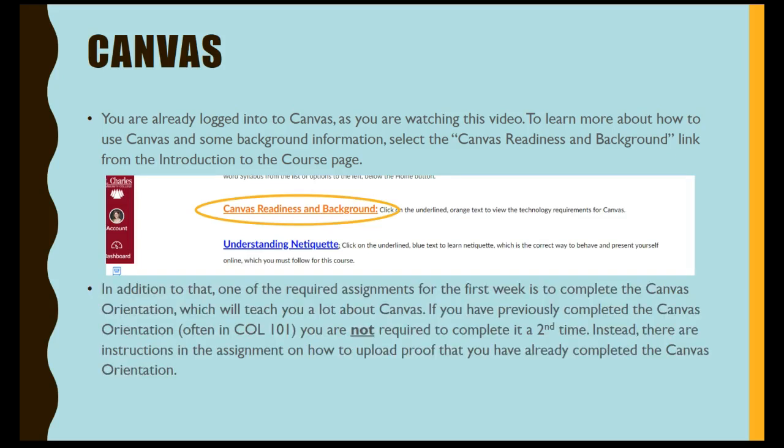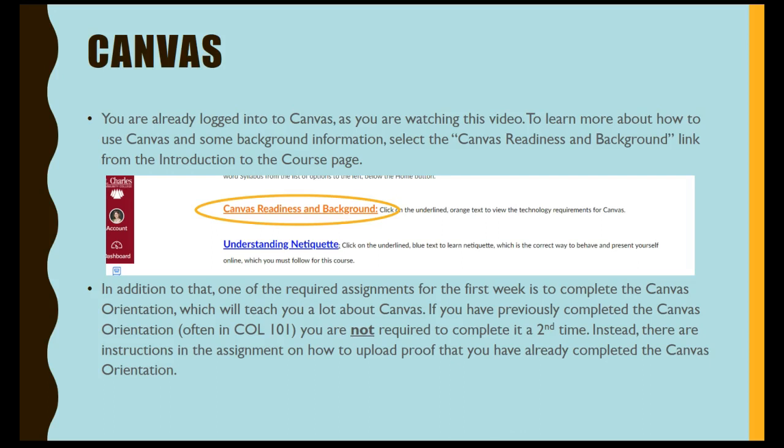In addition, one of your required assignments in week 1 is to complete the Canvas orientation course. This Canvas orientation course is not made by me. It is made by St. Charles Community College. If you have taken College 101 before, you have already completed this Canvas orientation course. If that is the case, you don't have to take it a second time.